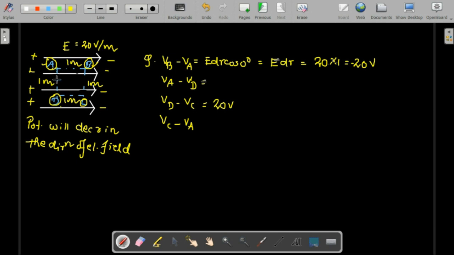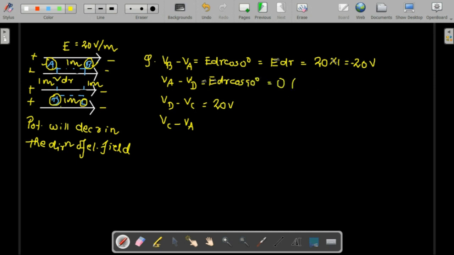Of course, the distance is 1 meter, but it is making an angle of 90 degree. This is the direction of change, and this is the direction of the electric field. So they are making an angle of 90 degree. So I can simply write it as E dr cos of 90 degree, which is 0.